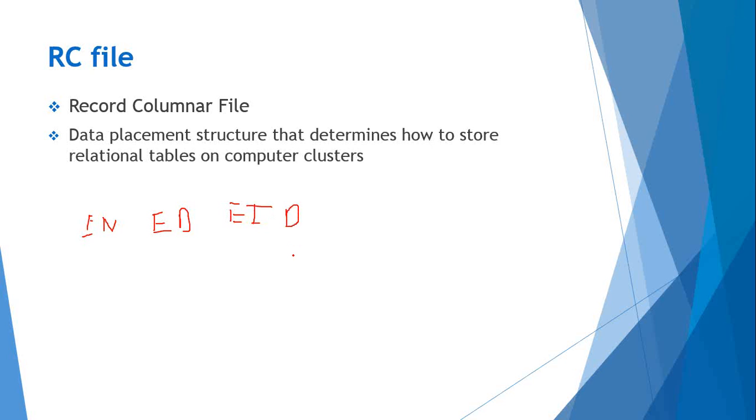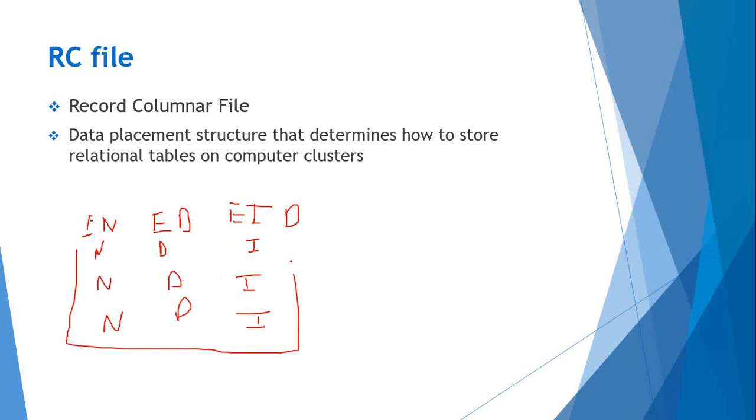If you remember your relational databases, your data is written something like this in the file: name, then department, then ID, then name, department, ID, and so on. So this is what your real file will look like, right?